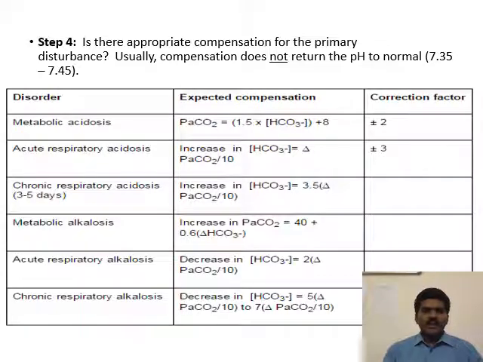In acute respiratory alkalosis, decrease in bicarbonate should be equal to 2 times delta PaCO2 divided by 10. Chronic respiratory alkalosis: decrease in bicarbonate should be equal to 5 to 7 times the change in PaCO2 divided by 10.